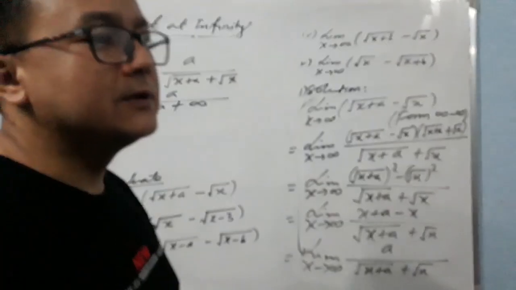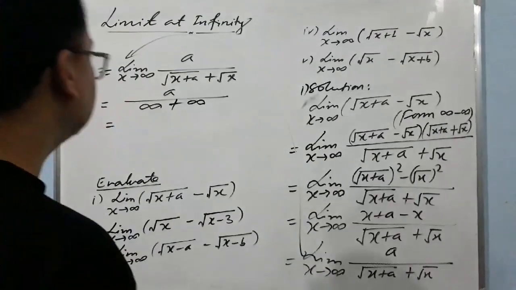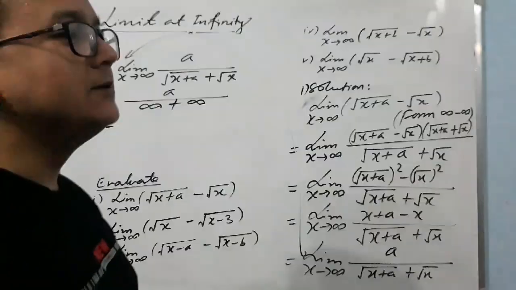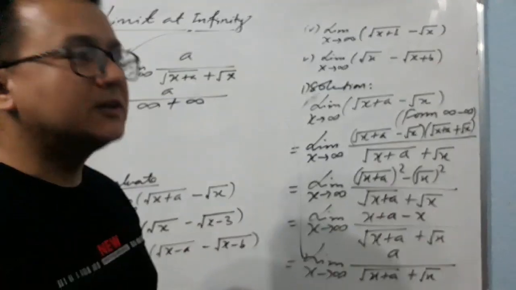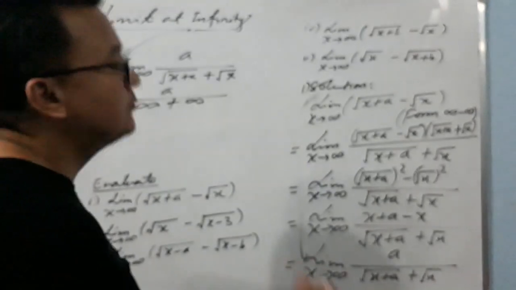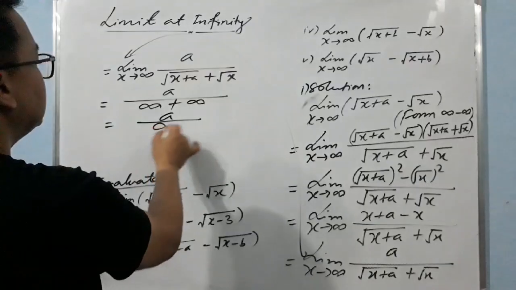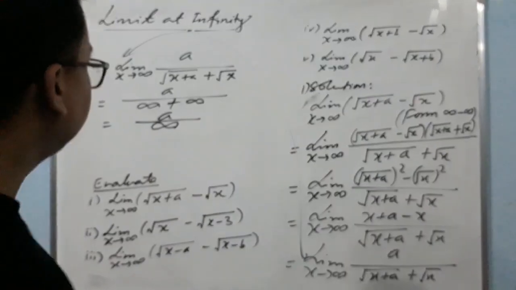Although infinity is not a real number, it is just a symbol for the right extreme or left extreme of the number line. It represents a very huge number, larger than any pre-assigned number. So infinity plus infinity is again infinity.